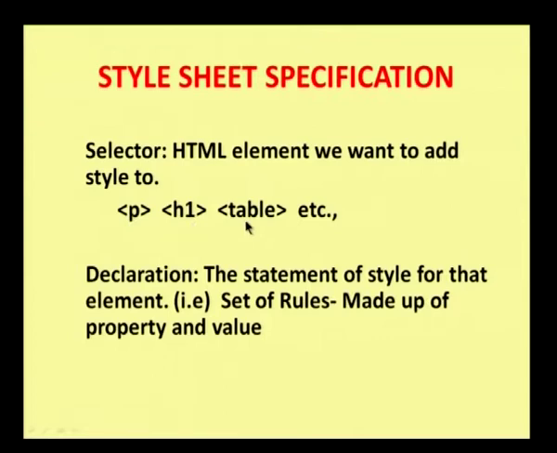This represents the selector. The declaration is a set of rules: which style sheet rule we are going to apply for a particular element. This set of rules contains property and value.